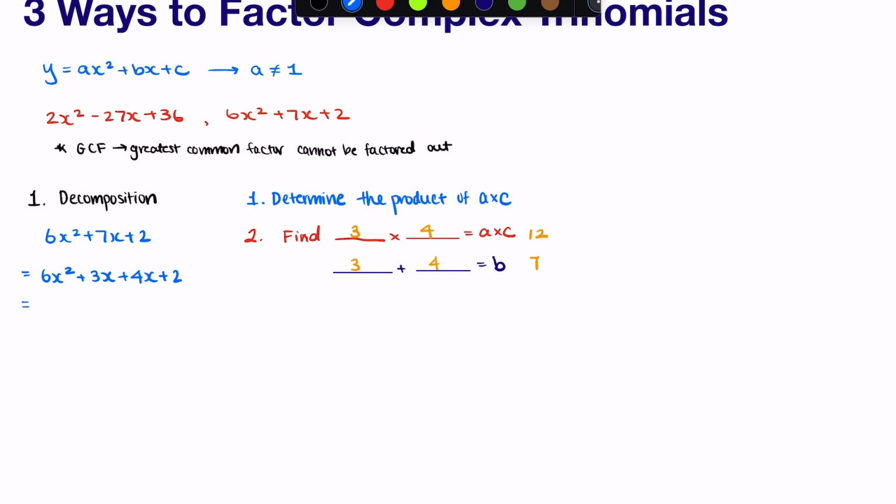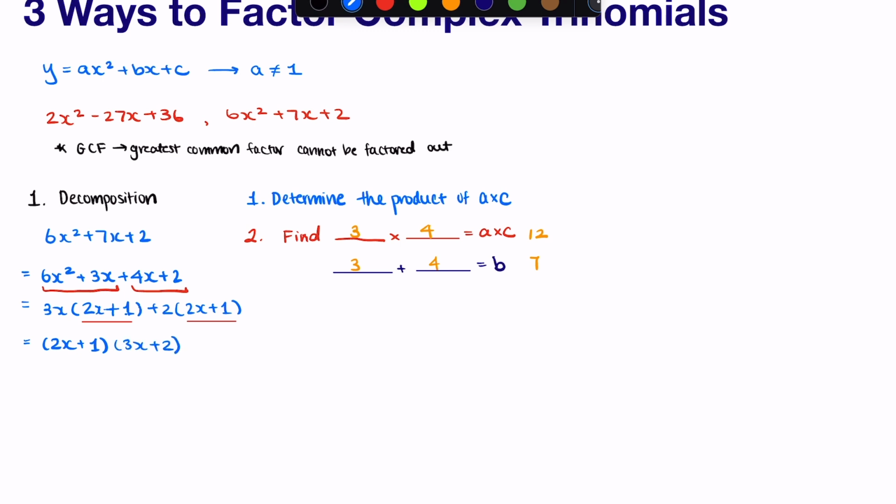Then we find a common factor between the first two terms and the last two terms. If we factor out 3x, we'll be left with 2x plus 1. And if we factor out 2, we'll be left with 2x plus 1. As you can see, 2x plus 1 can now be factored out as well. And so we'll be left with 2x plus 1, and then whatever is left over, which is 3x plus 2.